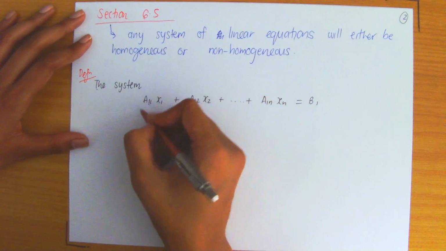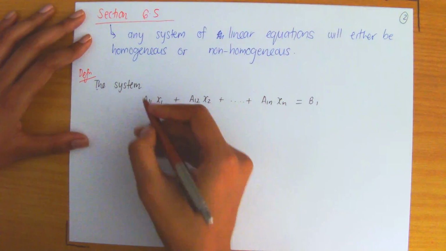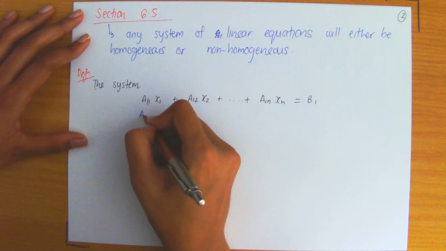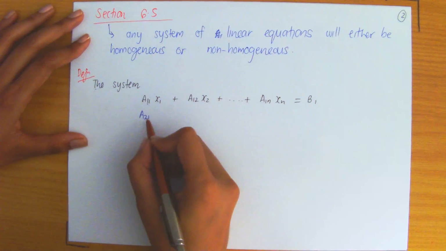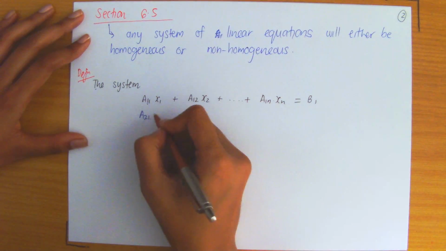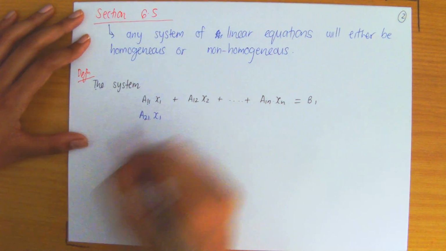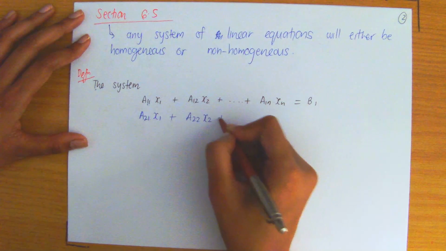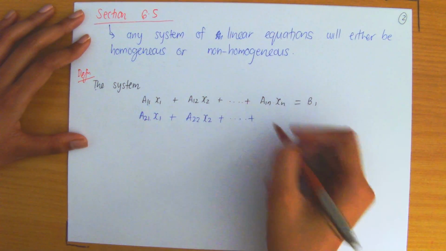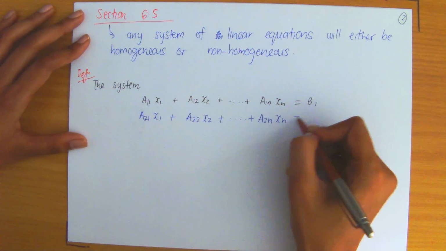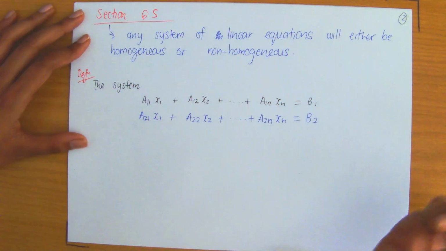If we had to write down the second equation in the same fashion and pattern, we would then have that the coefficient will be labeled a21, 2 representing the fact that we are in equation 2, 1 representing the fact that this is the coefficient of variable x1. So plus a22 times variable x2, summing all the way up to variable xn. So the coefficient of xn will be a2n times xn, equal to some constant b2.